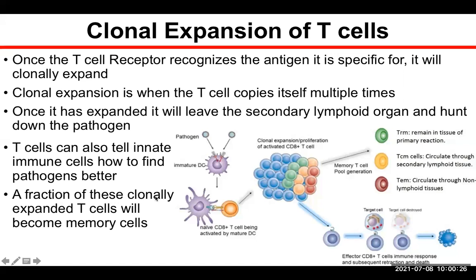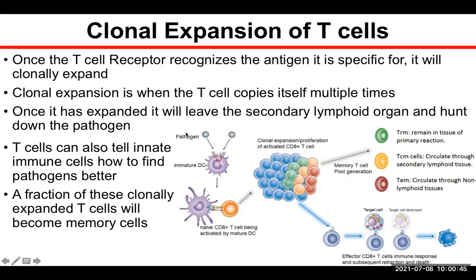And after it ends up multiplying itself, then it can go ahead and leave the secondary lymphoid organs, such as the lymph nodes, and basically go and hunt down the pathogen of interest. So this is highlighting CD8 T cells, and they like to kill.